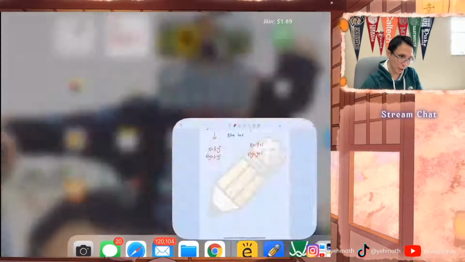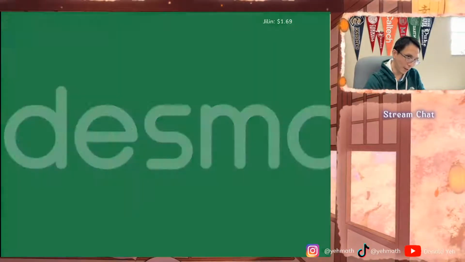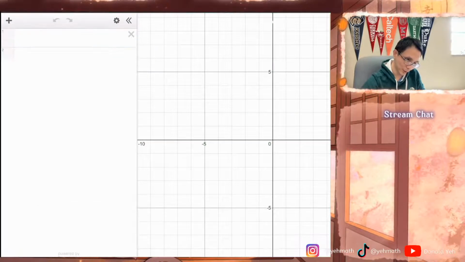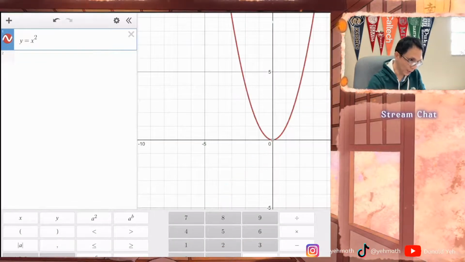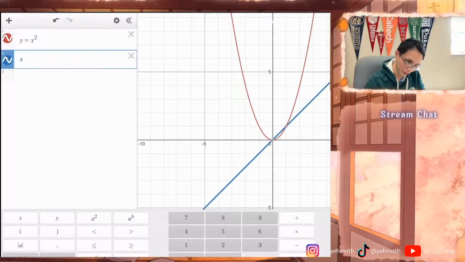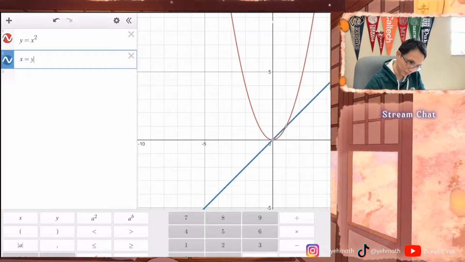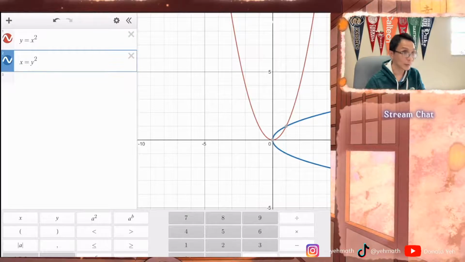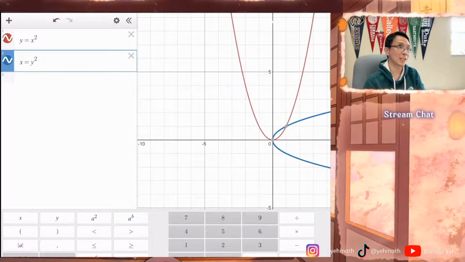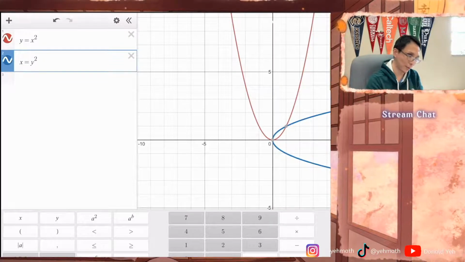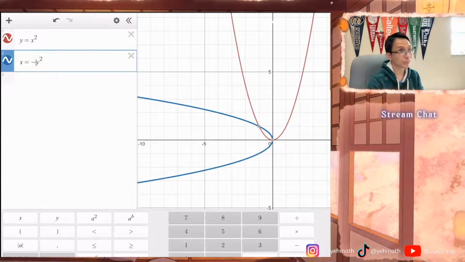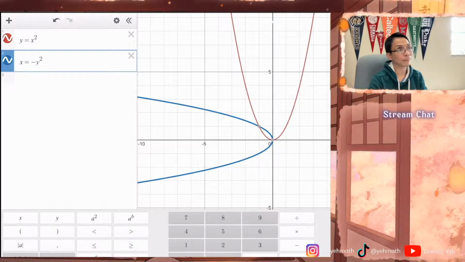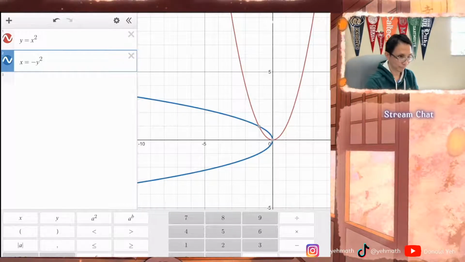So I'm going to show you how it works. If I have y equal to x squared, it looks like this, and that's fine. So x equal to y squared looks like this. Okay, but what if it's negative y squared? Because that one is negative y squared. So what does that do?